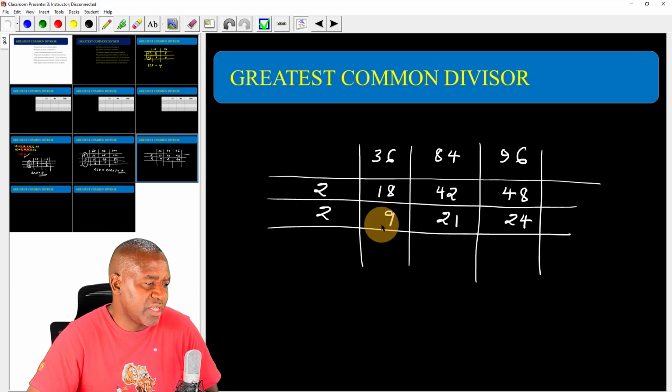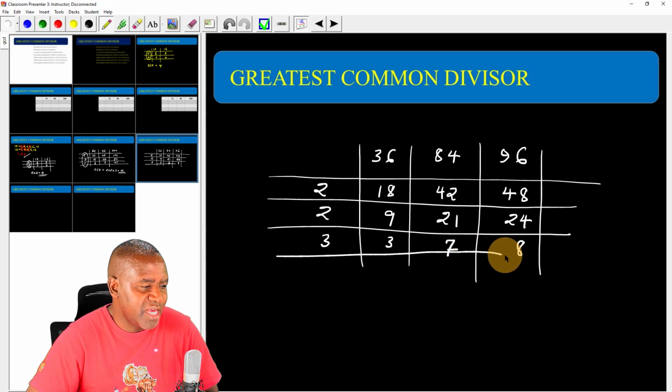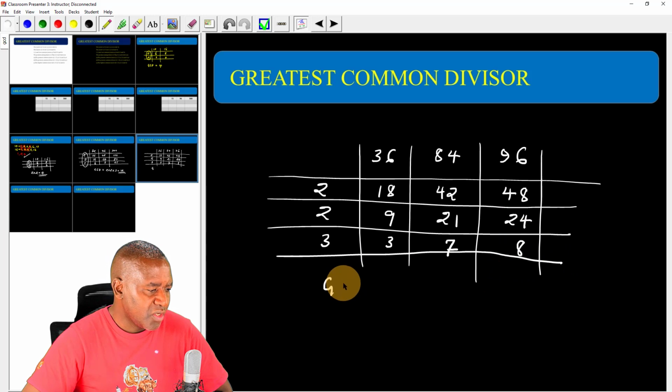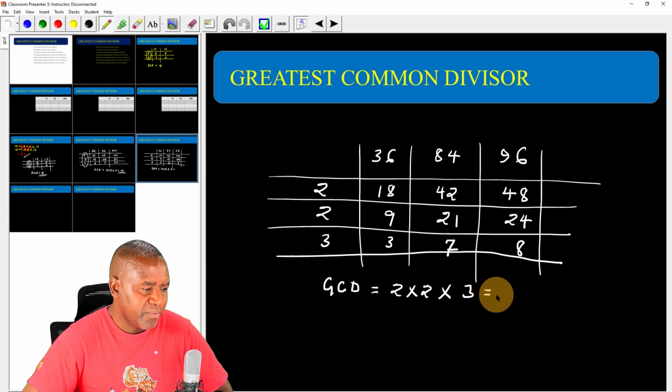2 again? No. This one is odd, and this one is an odd number. So I go to 3. Can 3 divide 9? Yes. Can it divide 21? Yes. Can it divide 24? Yes. So 3, 7, 8. And that becomes the end of that. So the greatest common divisor is 2 times 2 times 3, which is 12.